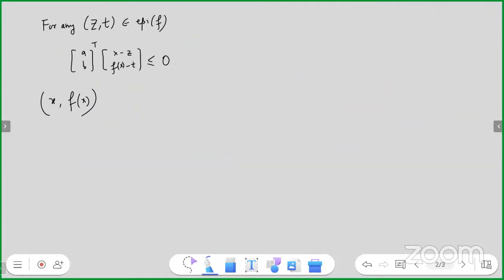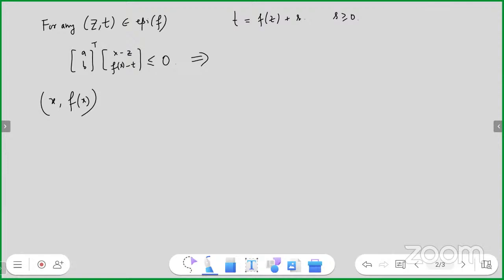So what does this mean? What properties does (z, t) satisfy given that they belong to the epigraph of f? t is greater than or equal to f(z), let's say plus s, for s greater than or equal to 0. Now what can I do? Suppose I write equality here. What does the equation tell me if I were to expand this?